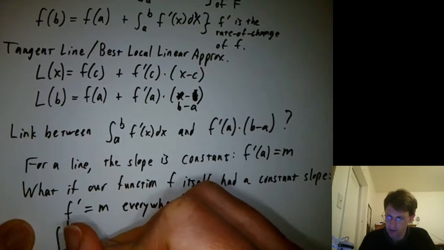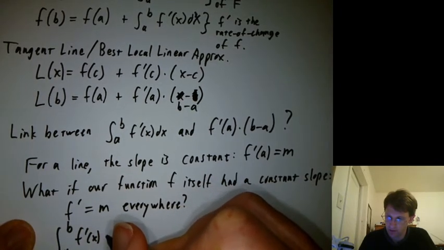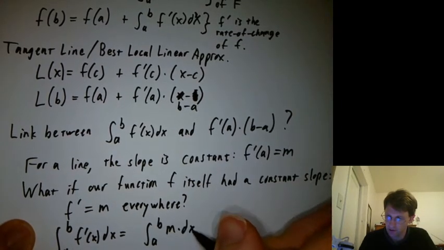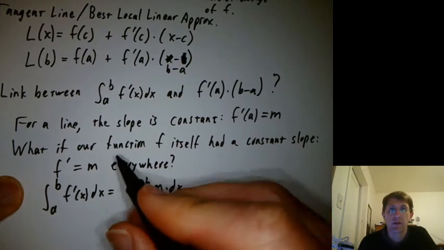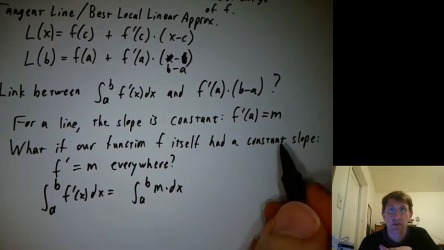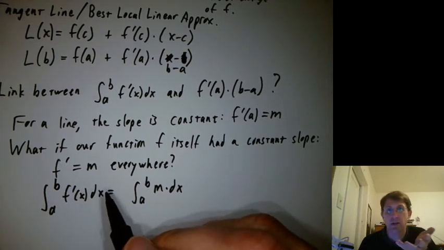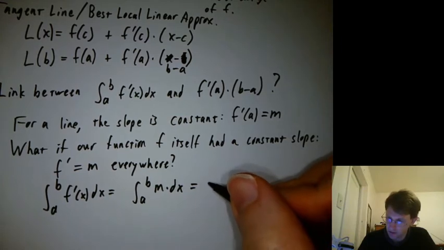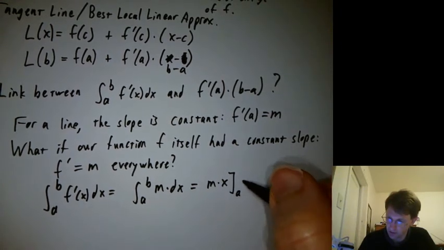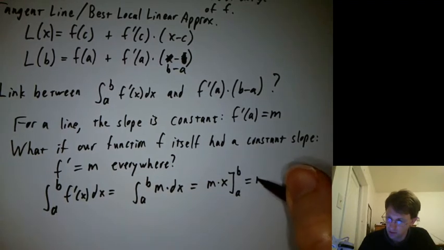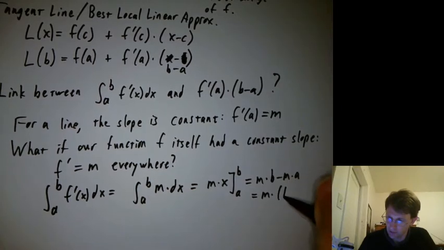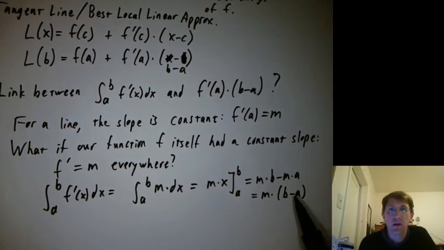Then the integral a to b of f prime of x dx will be the integral a to b of m dx, because if our function had a constant slope, f prime would just always be some constant. We're calling it m. And what's the integral from a to b of m dx? Well, that's m times x on our bracket a to b, which is m times b minus m times a, or m times (b minus a). Where have we seen m times (b minus a) before?